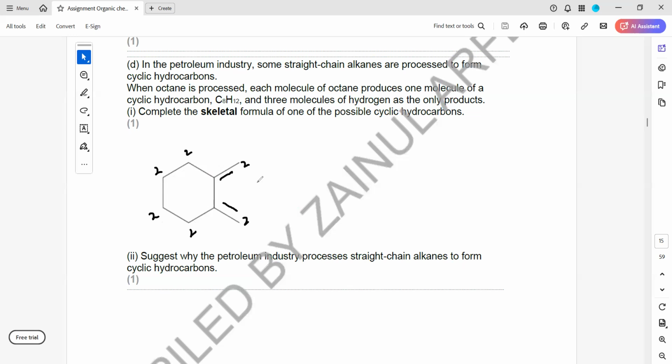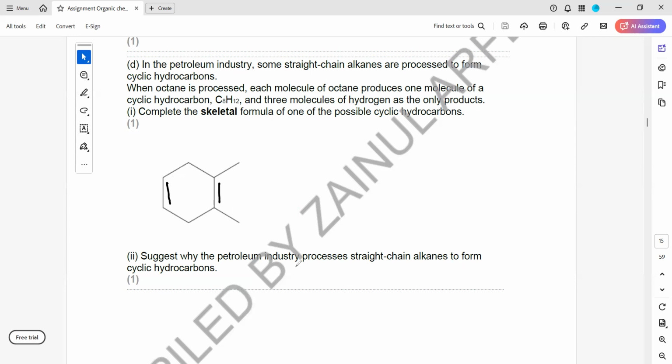So this is also another possibility. This is also a right formula because we want the molecular formula to be C8H12. In the middle line, if you put one here, that's also fine, but each carbon should have a maximum of 4 bonds. Only the structure we have to add 2 double bonds.